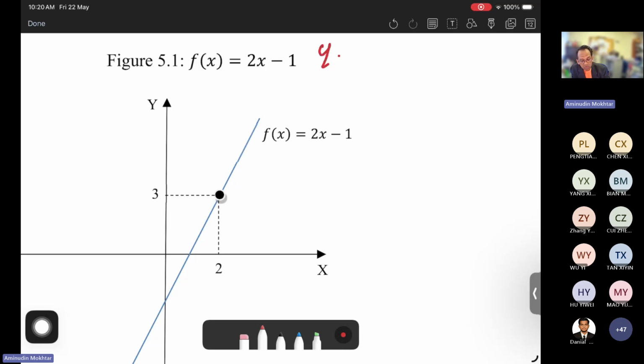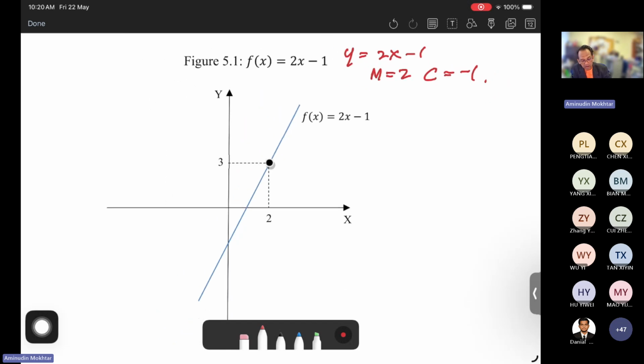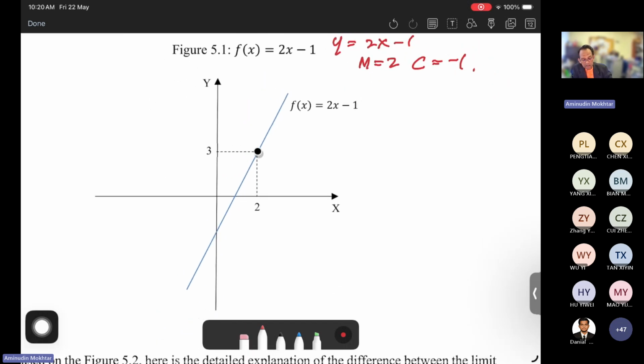In topic 1, we write y equal to 2x minus 1. I hope you still remember: m equals 2, c equals -1. When we draw the graph, the line rises from left to right, with the intersection point at y equals -1.